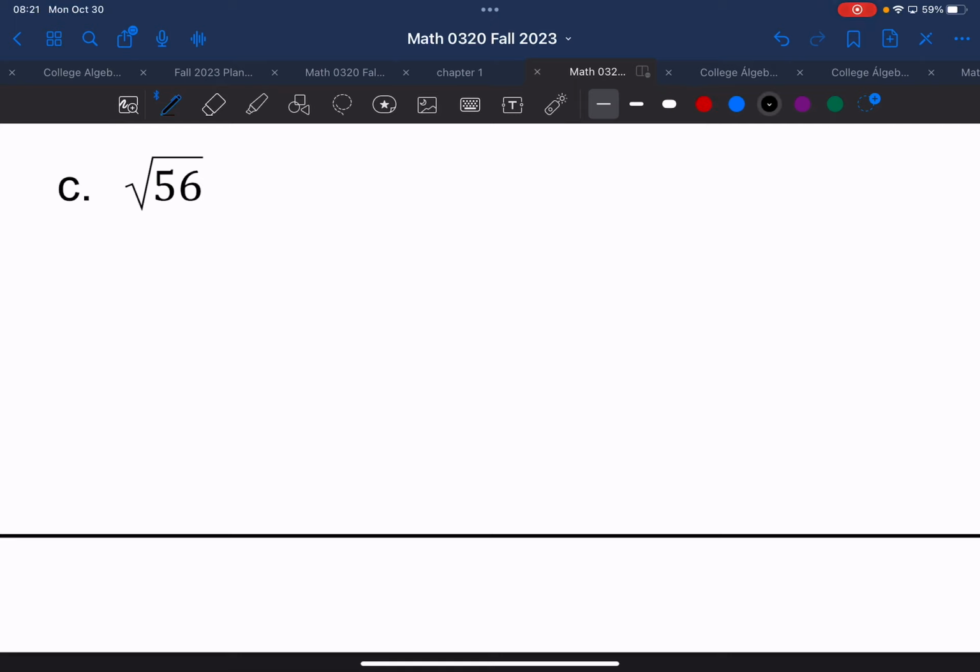So what's the first prime number that can go into 56? 2. Remember, our prime numbers are 2, 3, 5, 7, 11, etc. And we always start with the smallest first. So 2 goes into 56 28 times.